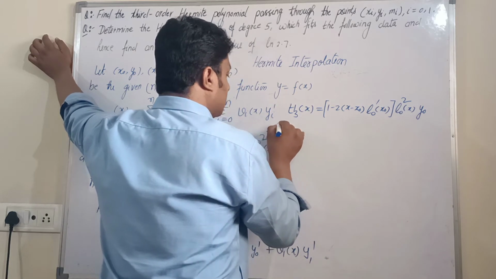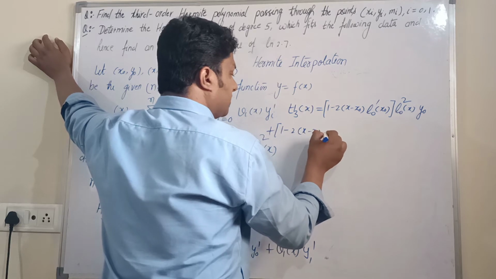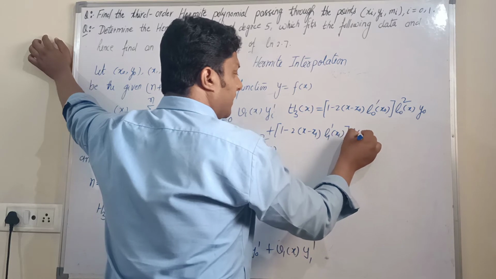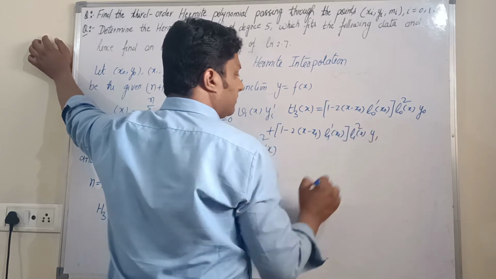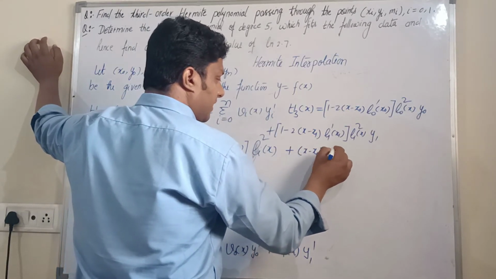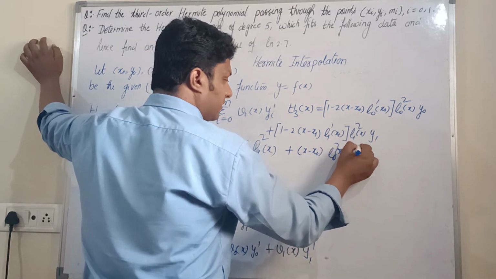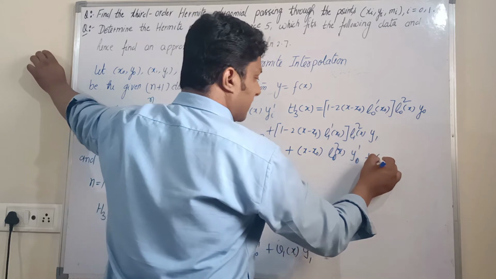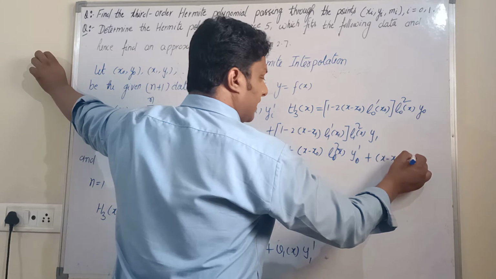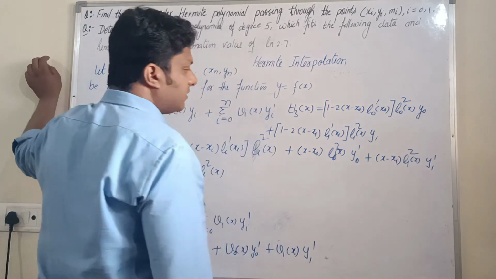Now plus 1 minus 2 times (x minus x1) l1'(x1) l1(x) square y1, then plus (x minus x0) l0(x) square y0'(x), plus (x minus x1) l1(x) square y1'(x).